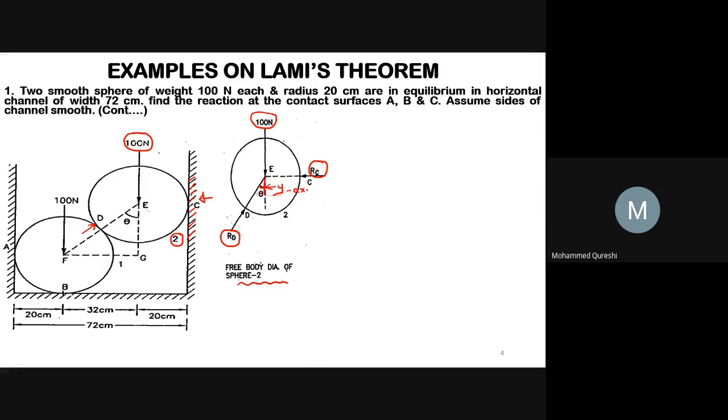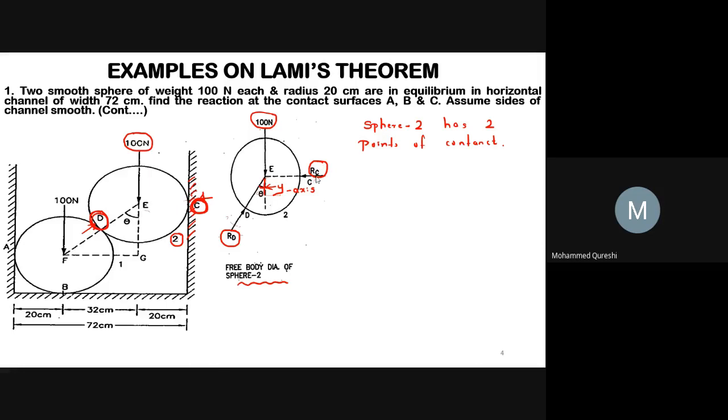making an angle theta with the y-axis. Remember this, with the y-axis. Now, as we know, sphere 2 has 2 points of contact. Which are the 2 points? One is C and the second is D. So we had generated the free body diagram for sphere 2.